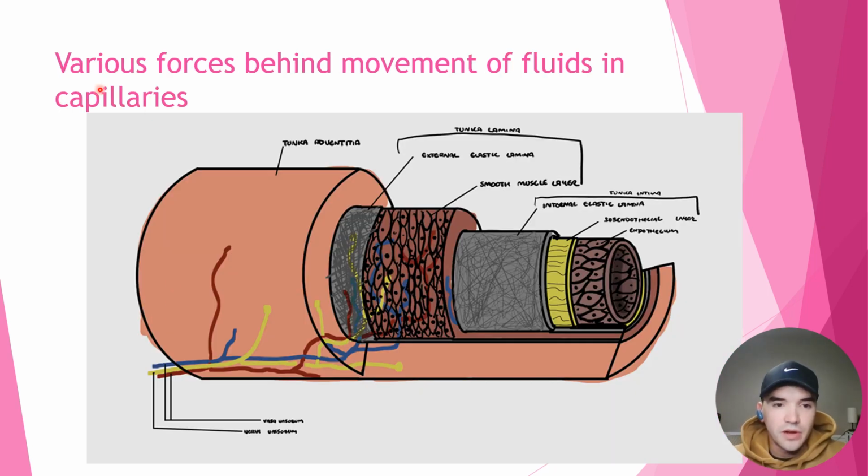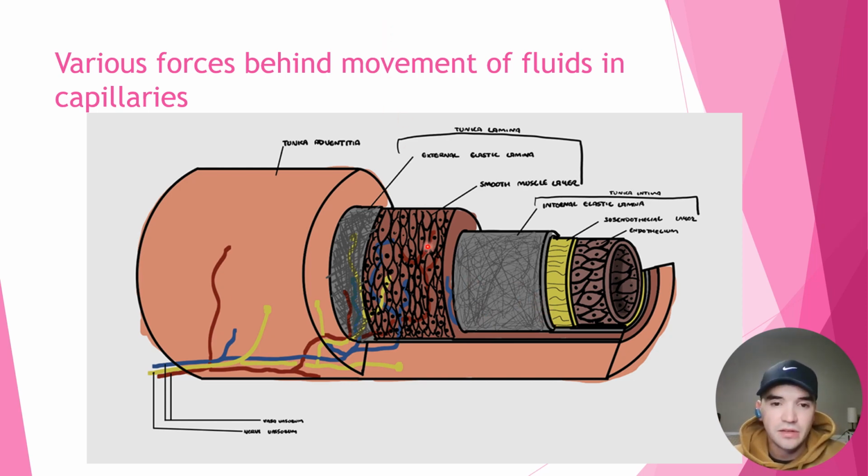Alrighty, so various forces behind movement of fluids in capillaries. Before I talk about anything, I wanted to give a structure, to give us a better understanding of what an artery looks like. Veins and arterioles are basically versions of these that are stripped down without as much smooth muscle.